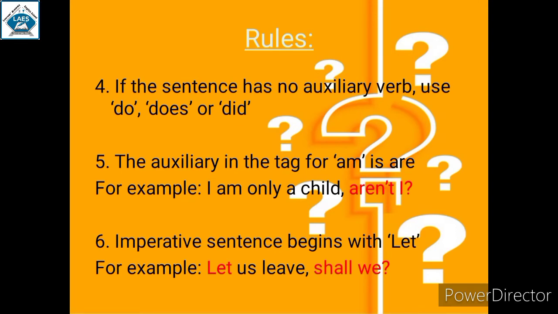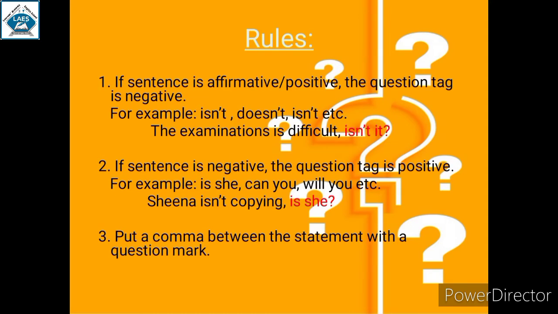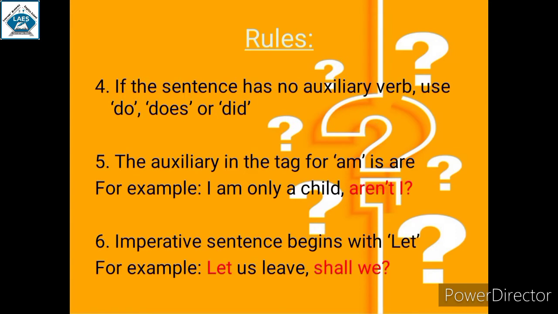Fourth one is if the sentence has no auxiliary verb, use do, does or did. In these sentences we had an auxiliary verb, but if we don't have any auxiliary verb or helping verb, we need to use do, does or did.